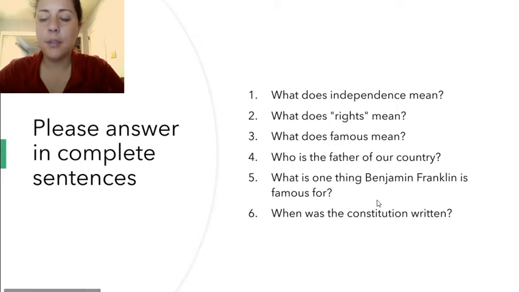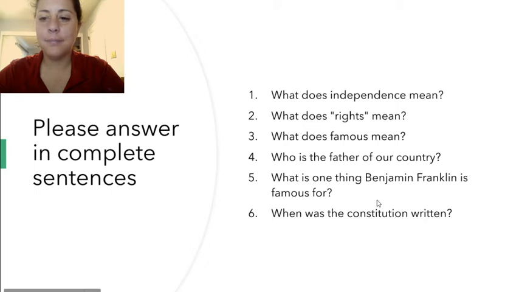Number 5, what is one thing Benjamin Franklin is famous for? What did Benjamin Franklin do? And number 6, when was the Constitution written?